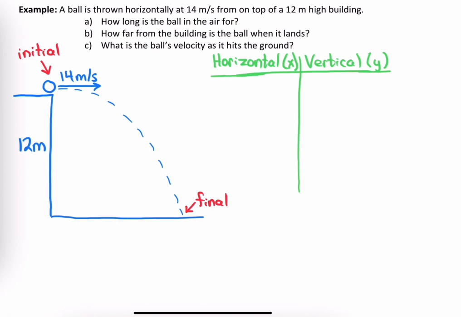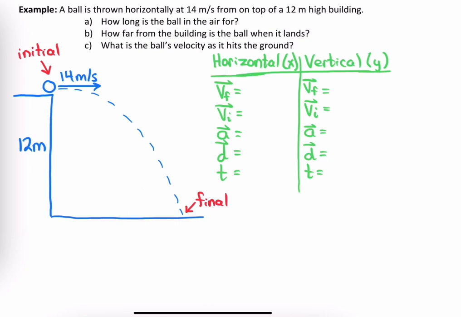And like we would do with a 1D problem, I have a VF, a VI, an A, D, and a T. Okay, so let's try and fill some stuff in.